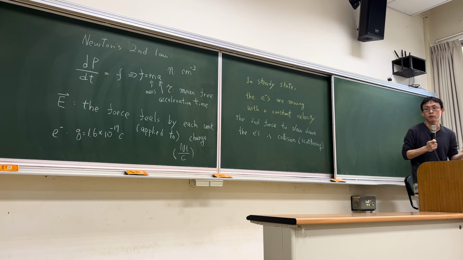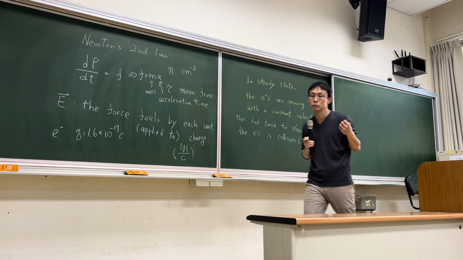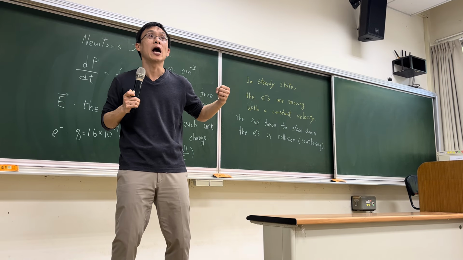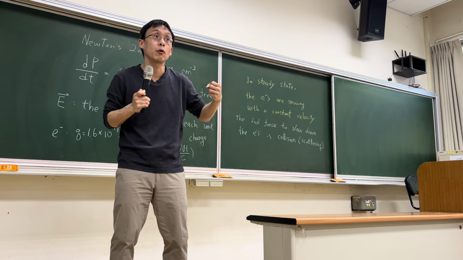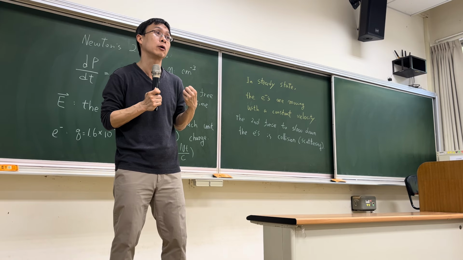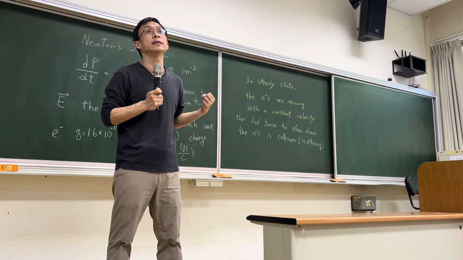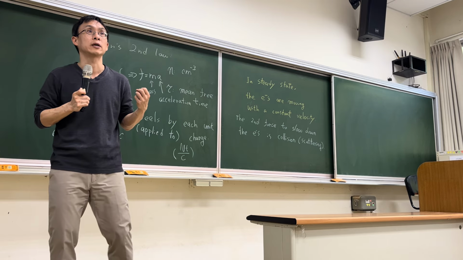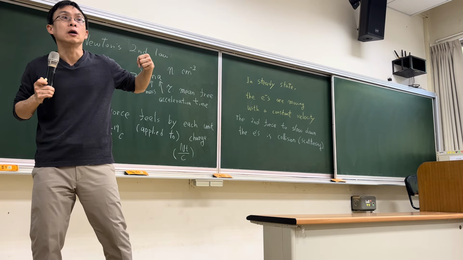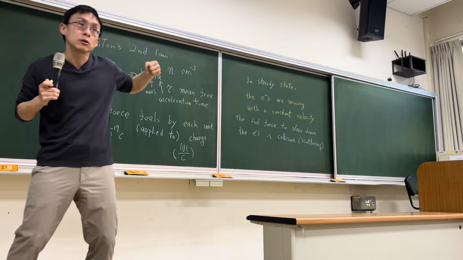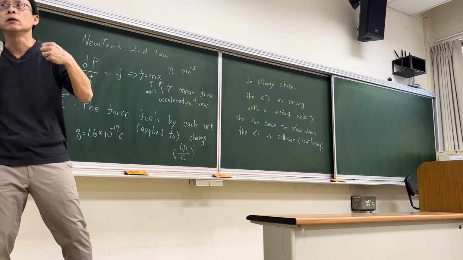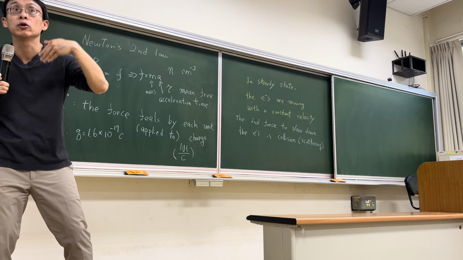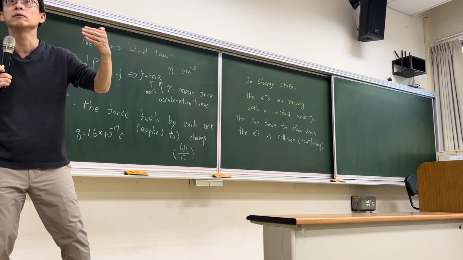The second possible source for the collision is that the electron can run into atoms, right? It can run into the proton, which is positively charged, or some defect inside the crystal. You can also collide with the protons, which are vibrating all the time because you are at a certain temperature.